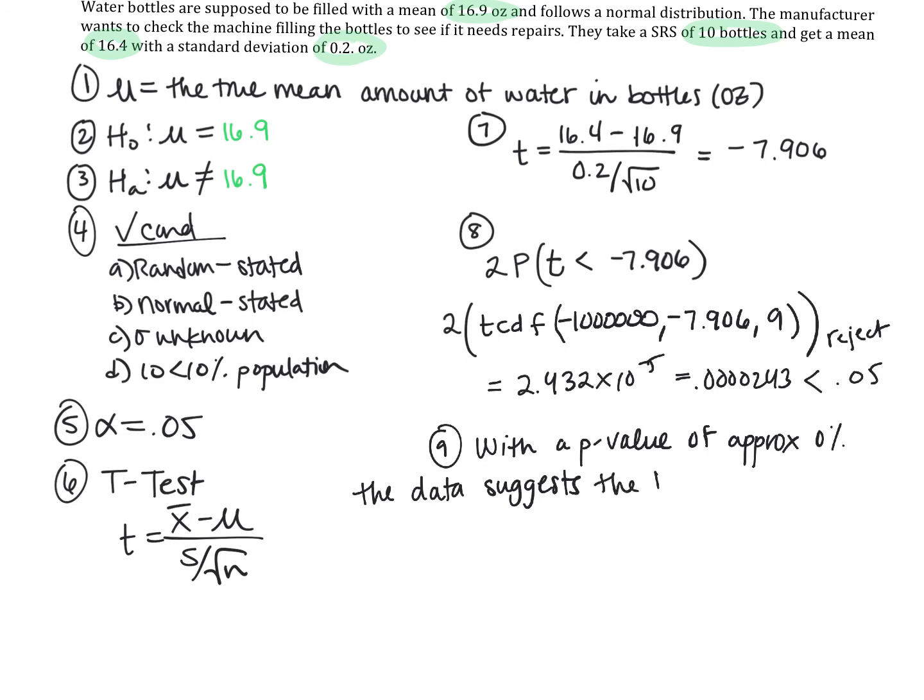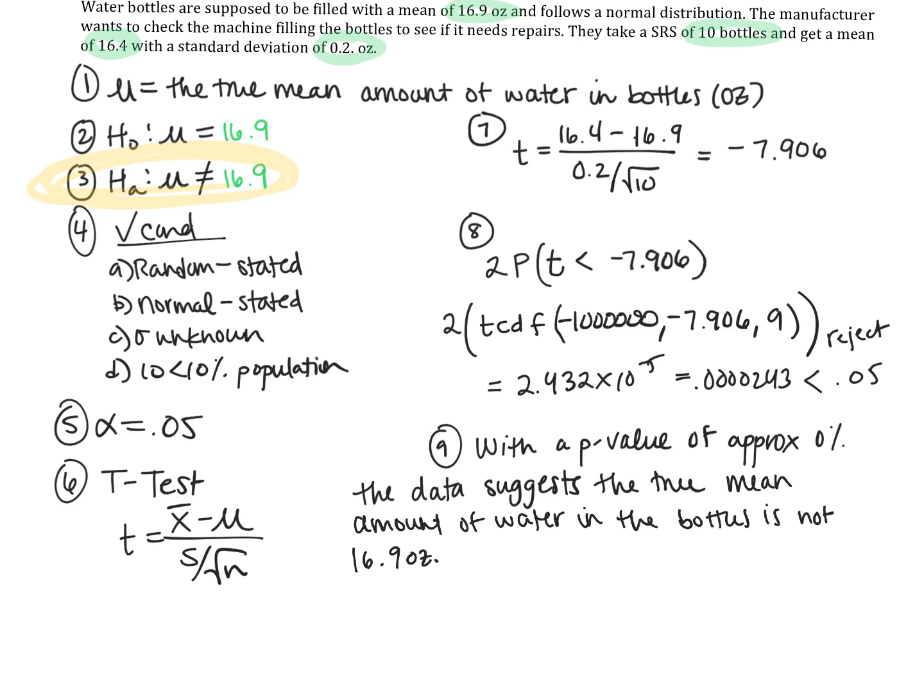The true, and remember we're rejecting the null, so now we're kind of favoring the alternate, so we're interpreting this statement. The true mean amount of water in the bottles is not 16.9 ounces.